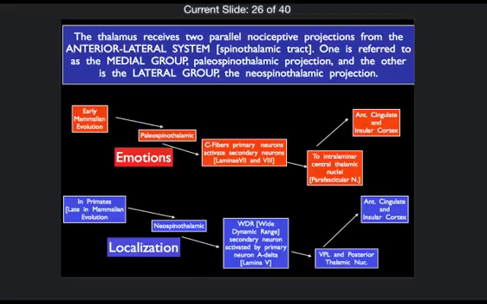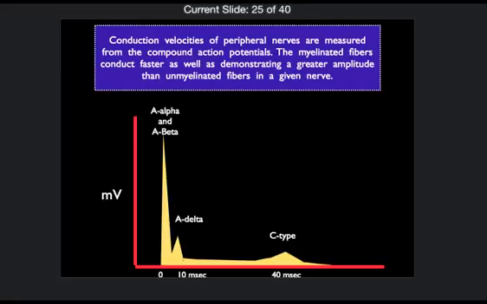If you burn yourself, accidentally touch a hot oven, that first pain is very sharp, and that is being conducted by the A beta and to some degree the A delta.